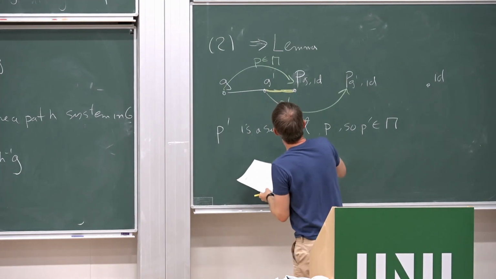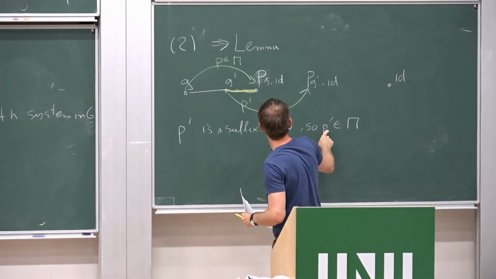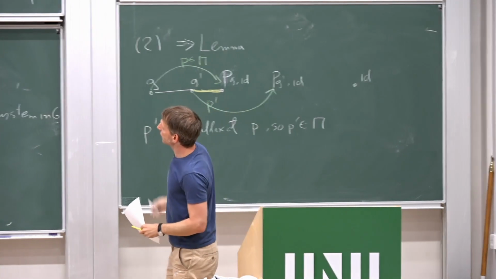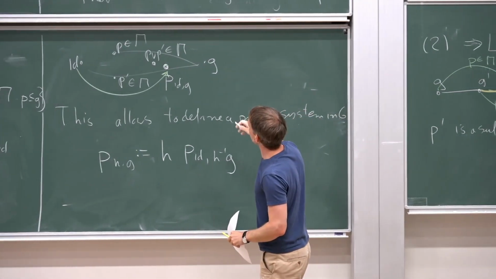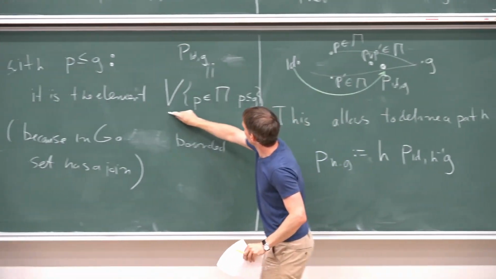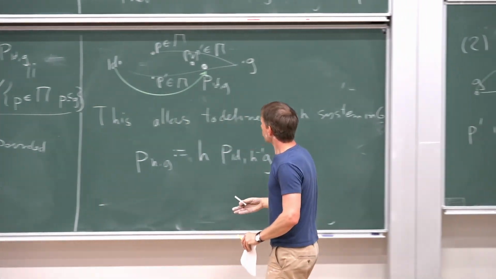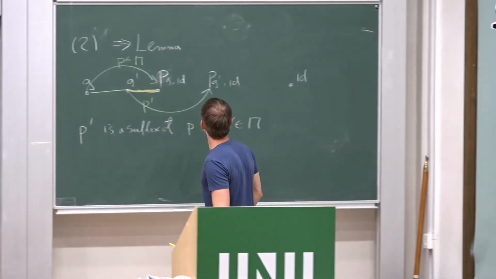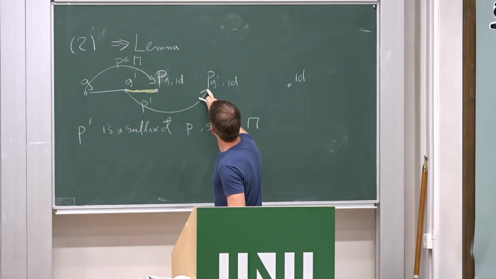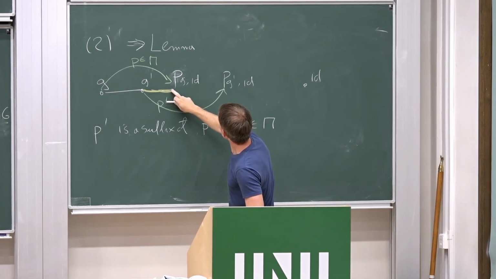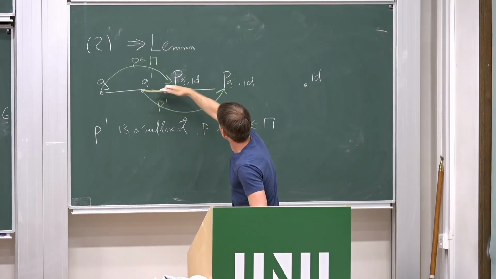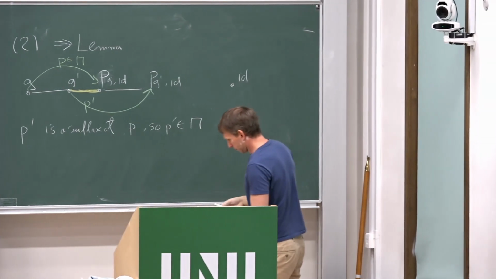And so this P prime will be a good candidate. This P prime will be an element of this set that we are discussing here. So the join of this set will be larger than P prime. So this element will be larger than P prime. So this means exactly that these will lie on a geodesic.